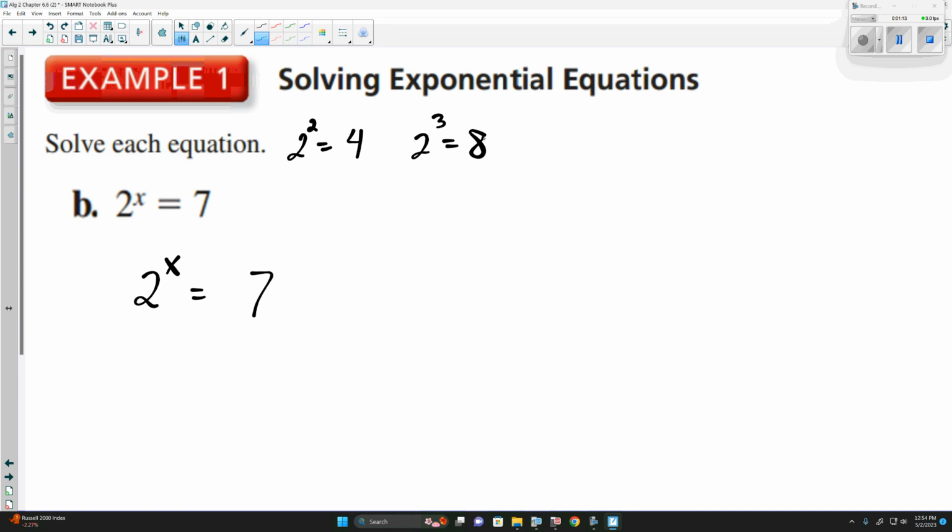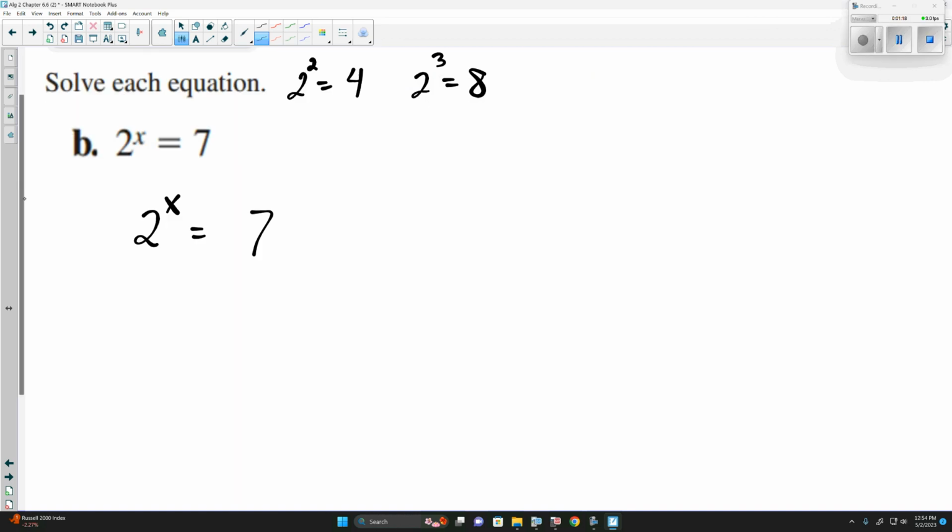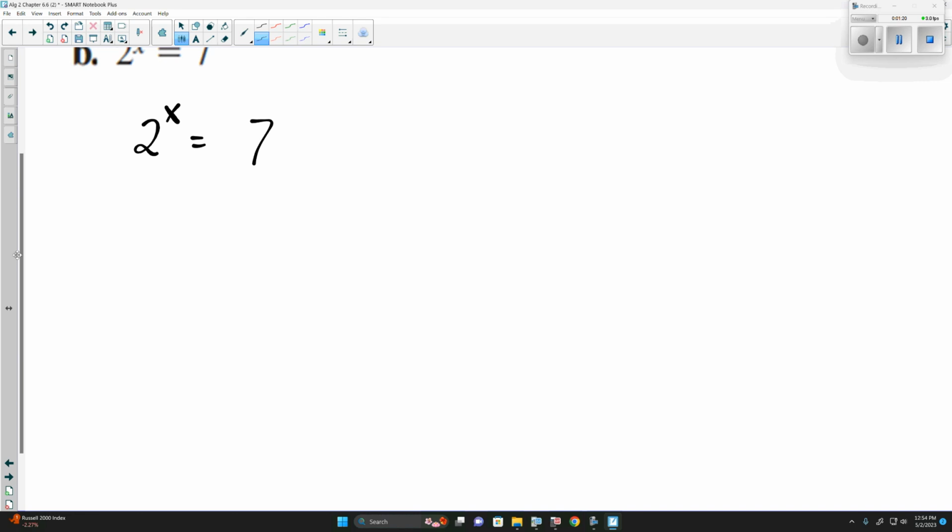So 2 cubed minus 1, but that's not going to help us too much because then we'd have two different numbers, and it doesn't work that way. So we can't rewrite 7 as 2 to a single exponent.